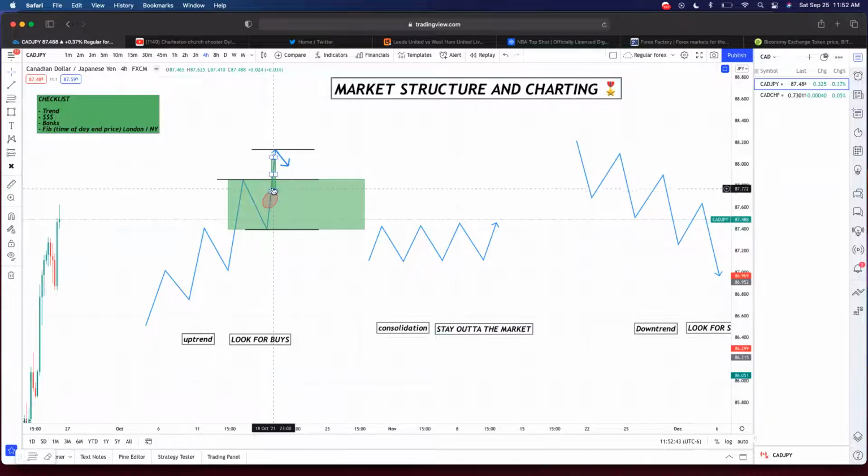If price broke that structure but closed below the structure with a wick, that is not a break and close of structure. That is a break and rejection of structure. It broke the structure, but rejected it. When he says break and close of structure, he means he wants price to break above and close above structure. Does that make sense?